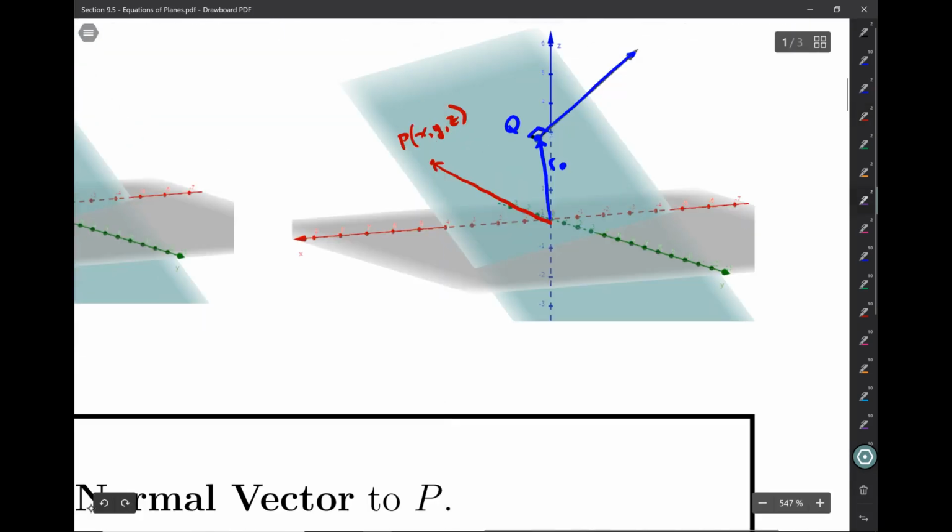So QP, this will be the vector that starts at Q and goes to P. This is the vector QP. QP is in the plane.